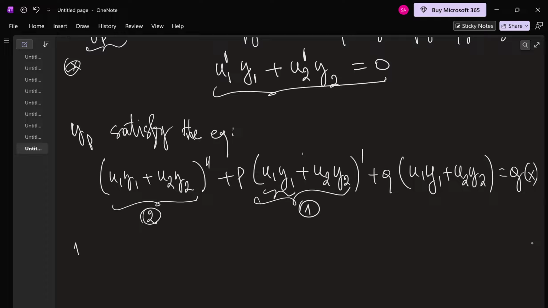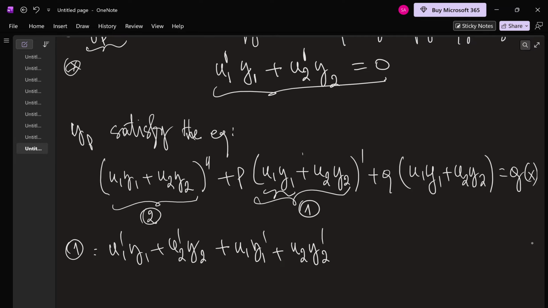So 1, if you apply the rules of differentiation, is u1 prime y1 plus u2 prime y2 plus u1 y1 prime plus u2 y2 prime.